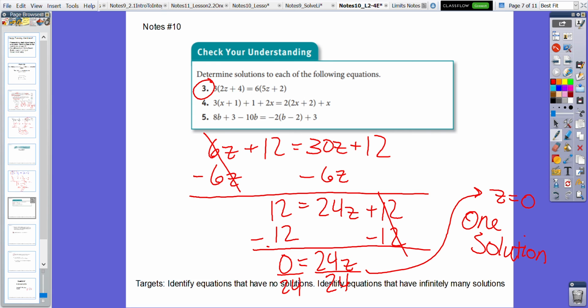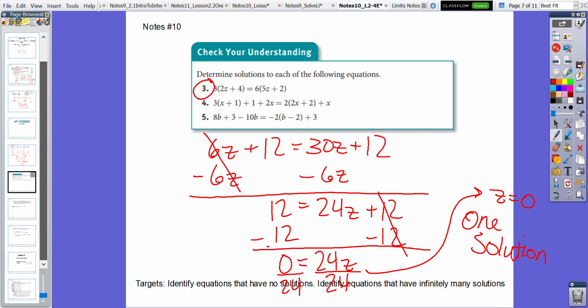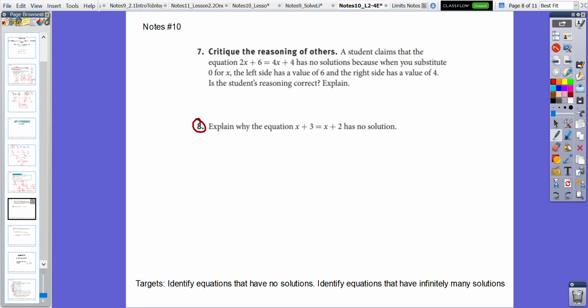All right. So a couple other questions in our Springboard book that I want to bring to your attention, and then you'll be able to do your homework. First of all, number 8 on the next page says explain why the equation x plus 3 equals x plus 2 has no solution. Looking at the equation, without even solving it, look at how we have x here and an x here.